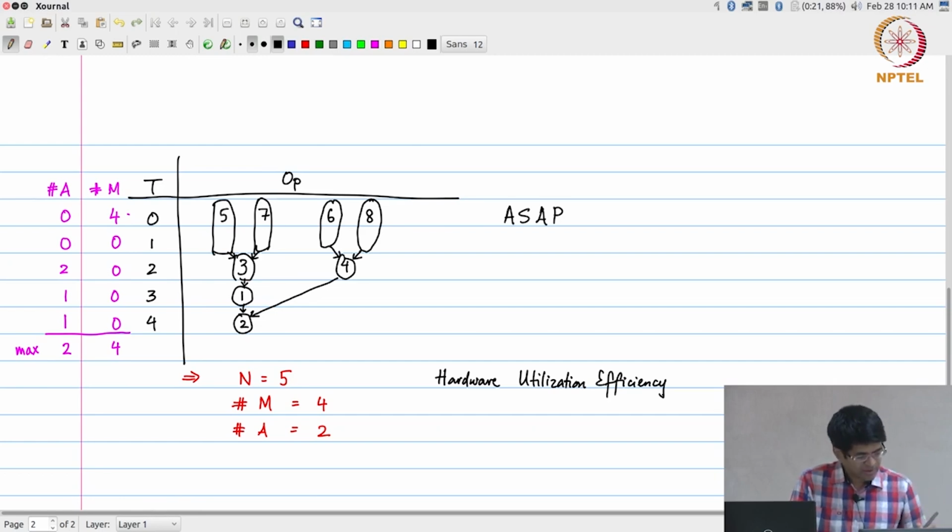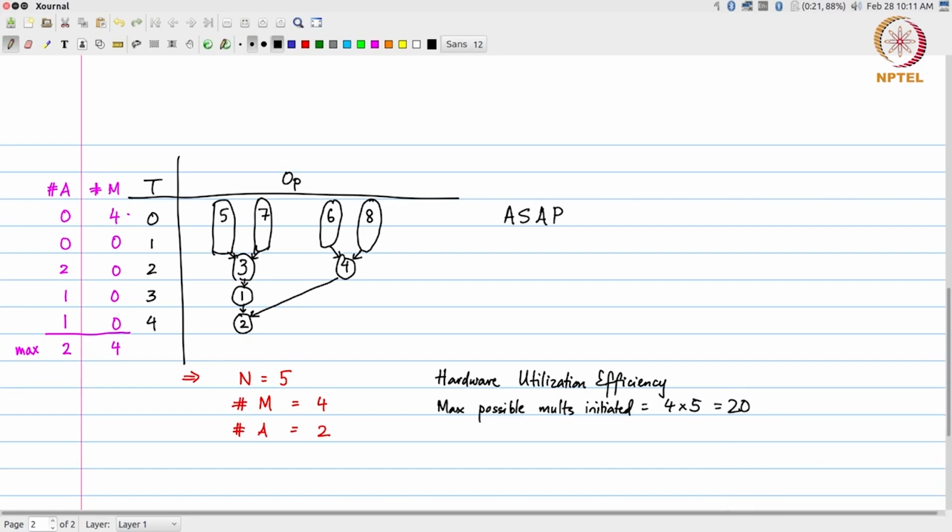So in this case, let us look at the multipliers. Potentially, how many multiplications could I have initiated within 5 time units if I have 4 hardware multipliers? 20. Each of those multipliers could have initiated, not completed, it will take 2 cycles to complete, but that is okay. But it could have initiated one multiplication operation on every clock cycle.